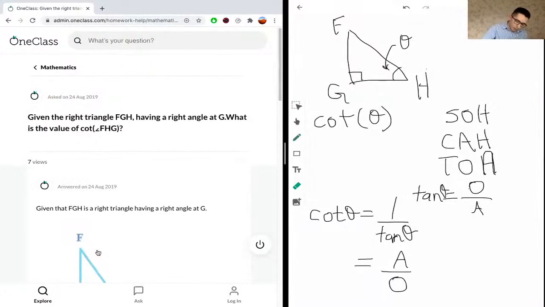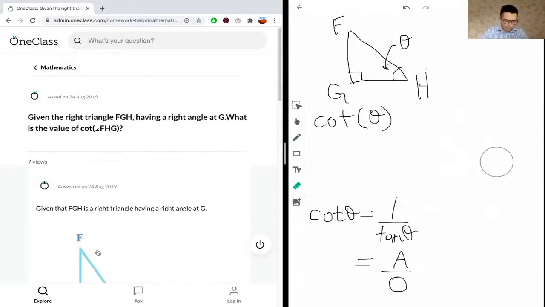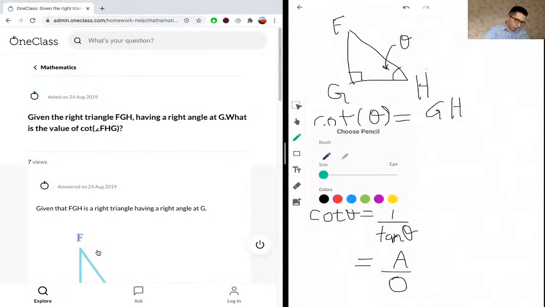So here, let's erase this. We need to define cotan theta in terms of the diagram given. So we can say that cotan theta is the adjacent side, which is GH, over the opposite side, which is FG.